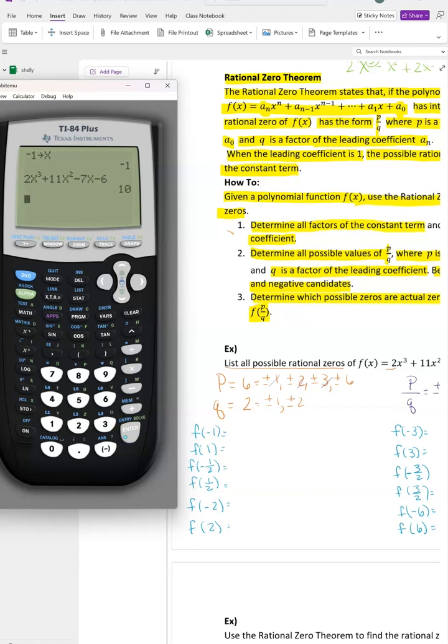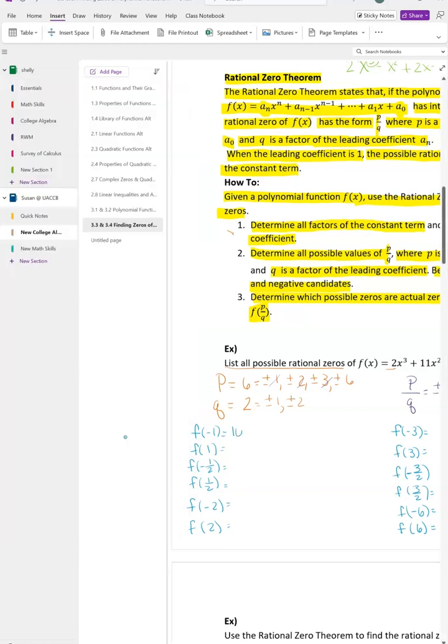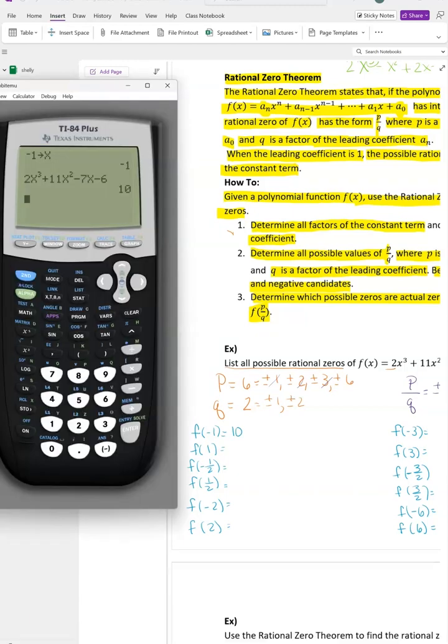When I write this down, it's going to make my calculator disappear, so this is going to be a long, tedious process, forgive me. But this is going to be 10. Now I'm going to pull my calculator back up and store 1 for x. Enter.